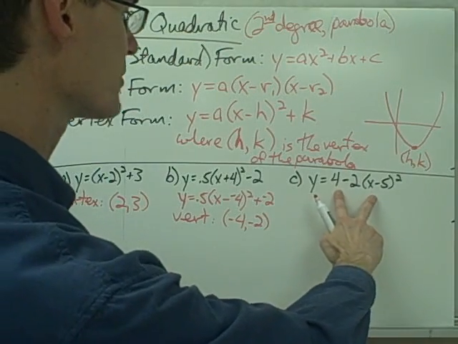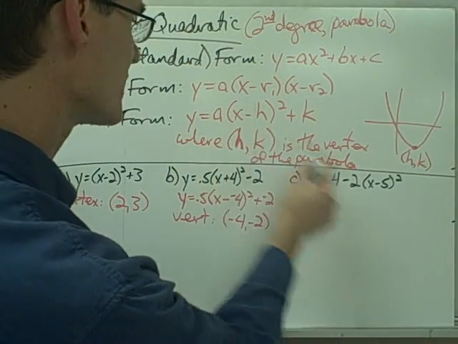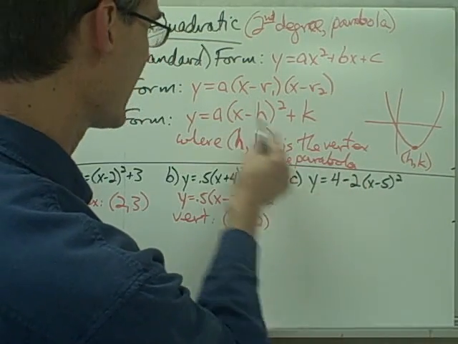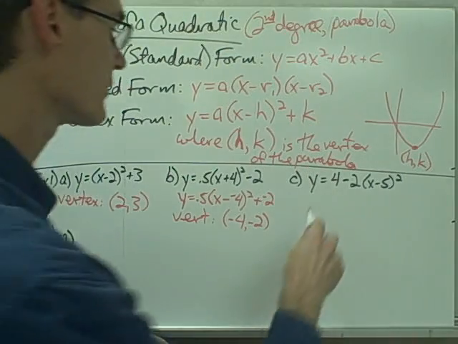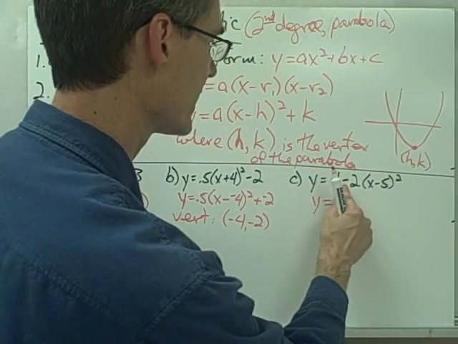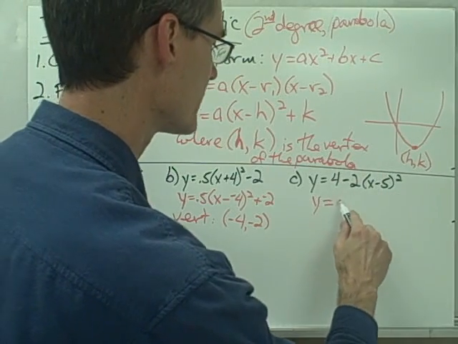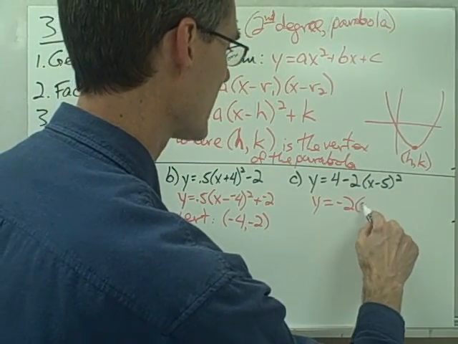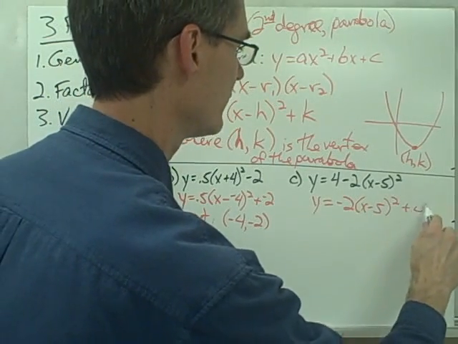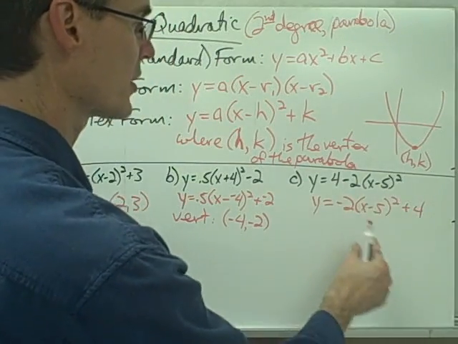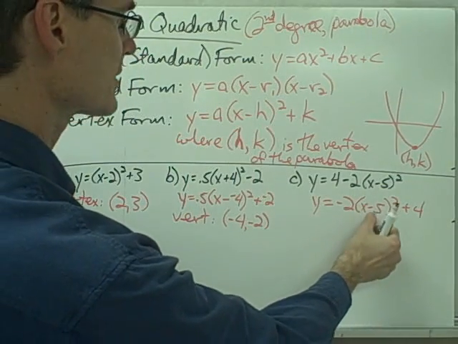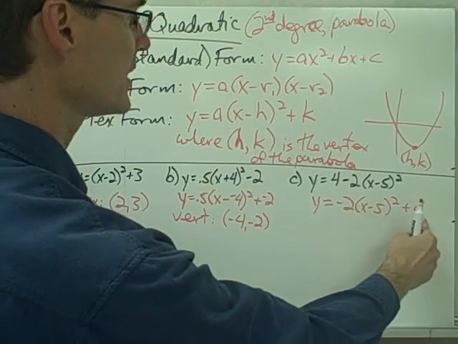This one, example C, it's almost in that form, except I've got this constant as the first term, and I would like for it to be the last term. Well, that's easy enough to fix. I just need to take this and move it over to this side. My negative sign here is going to stay with this term, negative 2 times x minus 5 quantity squared plus 4. So just by rearranging those terms, I've got it in my vertex form, a times x minus h quantity squared plus k.